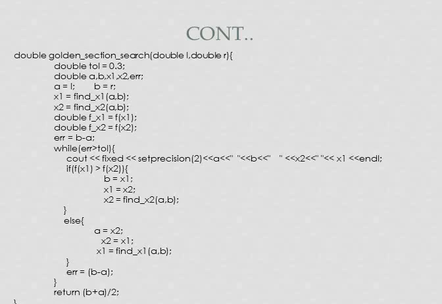Using the same logic, if f of x1 is greater than f of x2, then in the next iteration b becomes the x1 of the previous iteration. X1 becomes equal to x2, and x2 we need to find again from the new interval using the formulas. If f of x1 is less than f of x2, we do the reverse. If they are equal, we have got the solution.